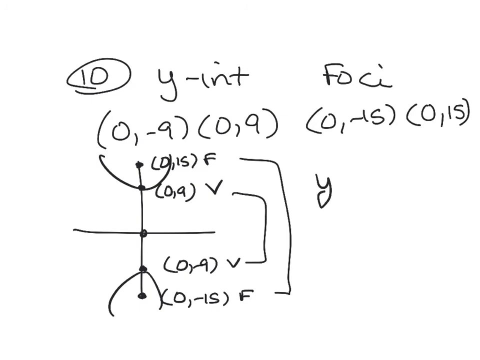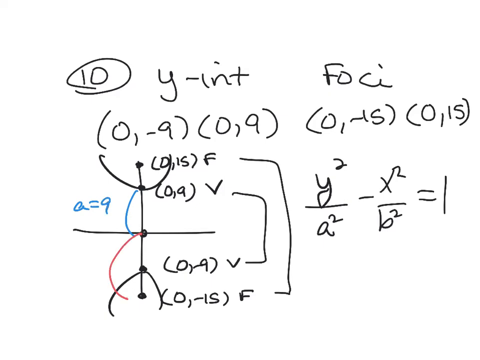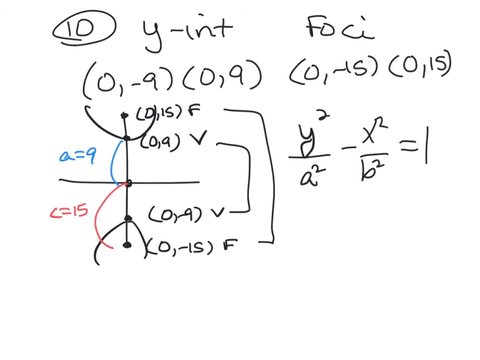So the equation I'm going to be filling in is y squared over a squared minus x squared over b squared equals 1. I can already get my a value. It's the distance between the vertex and the center, so a equals 9. And my c value is center to focus, and that's 15. I need b squared, so I have to use the formula again: c squared equals a squared plus b squared.